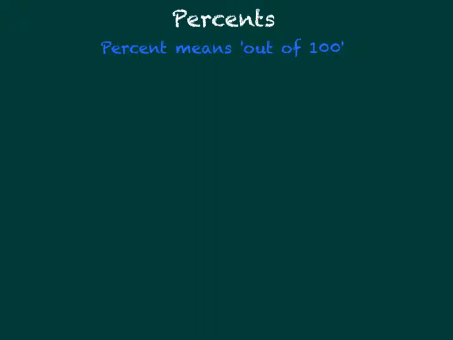So for example, we have 25%. So 25% could be written as a decimal and it could be written as a fraction. If we wanted to write it as a fraction, since we know now that percents are out of 100, I would want to write that 25 is out of 100.